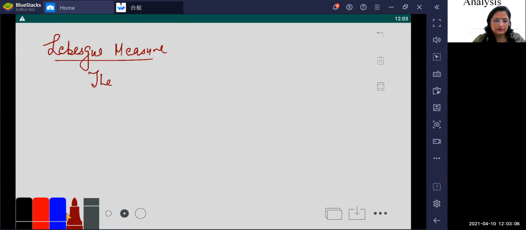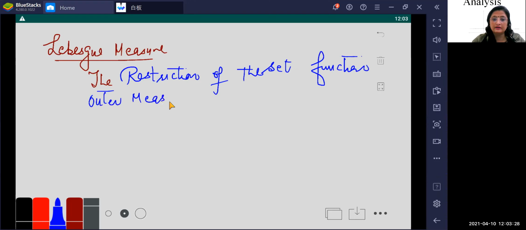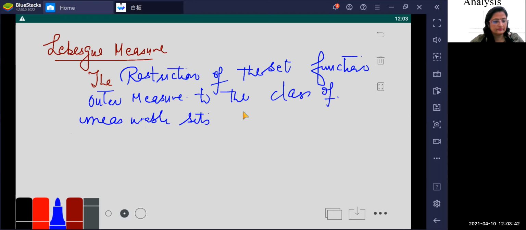So you will write a definition: the restriction of the set function outer measure, because outer measure is called a set function, to the class of measurable sets is called Lebesgue measure.